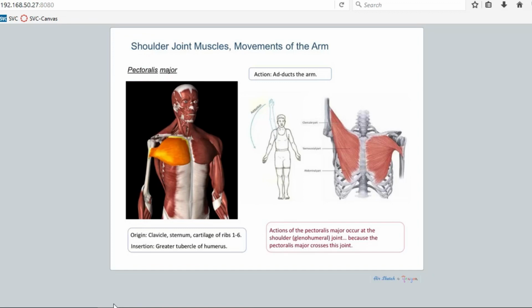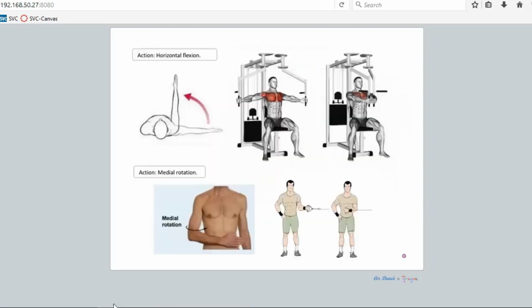So the pectoralis major does a few different movements. One, if your arm is already in this abducted position, when it contracts, it moves that insertion down back towards the origin, and it causes adduction of the arm. Couple other motions that it does: horizontal flexion.